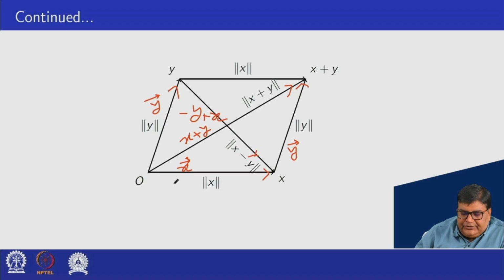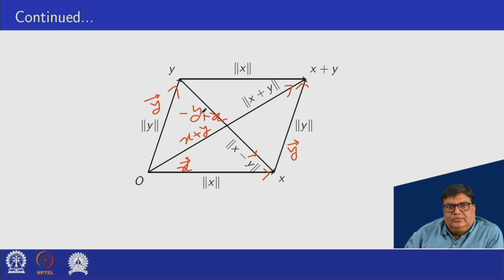So the magnitude of this value is the norm of x, and the magnitude of this is the norm of y. Again, this is the magnitude of this side, the norm of x, and this is the norm of y, and the diagonal is the vector x minus y.